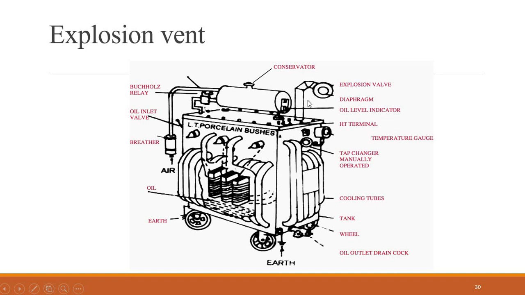Then oil has to come out from this tank, otherwise the transformer will burst. So to avoid this condition, the diaphragm is there in the explosion vent. That will cut, and the oil will be thrown outside from this explosion vent. And then the transformer will be protected.